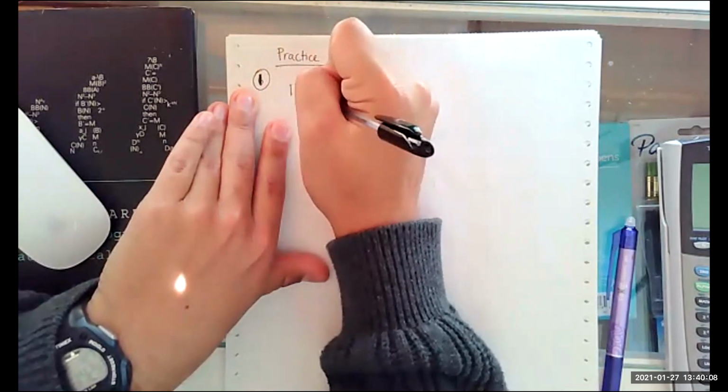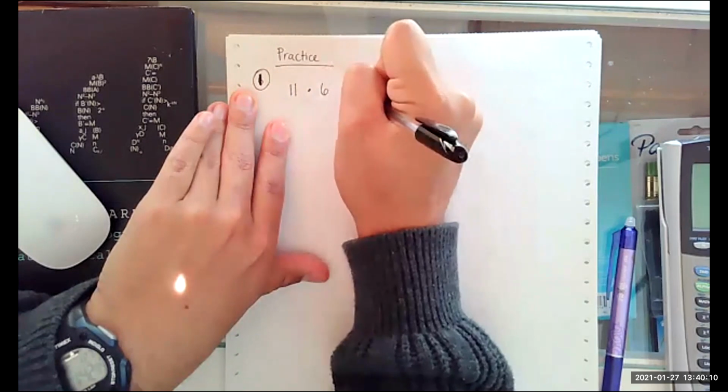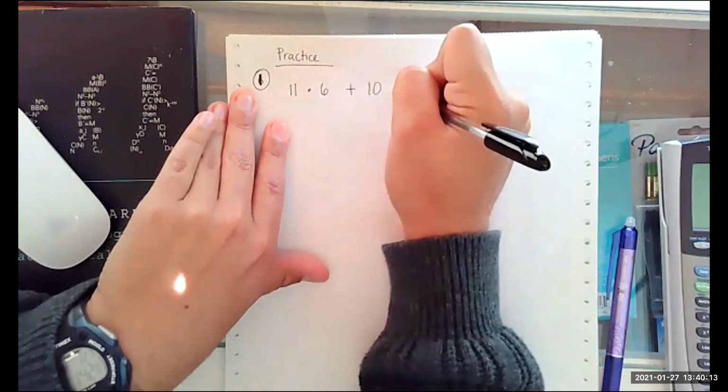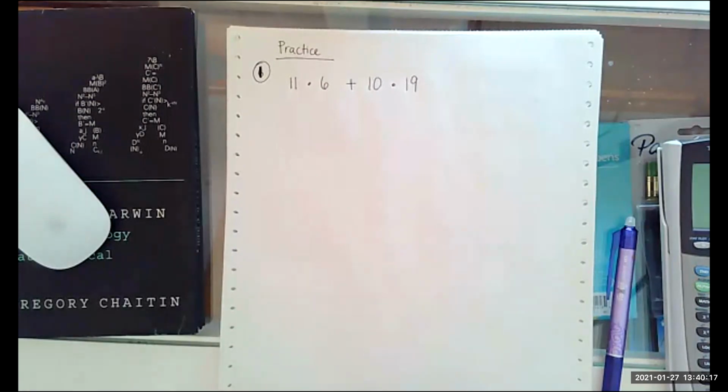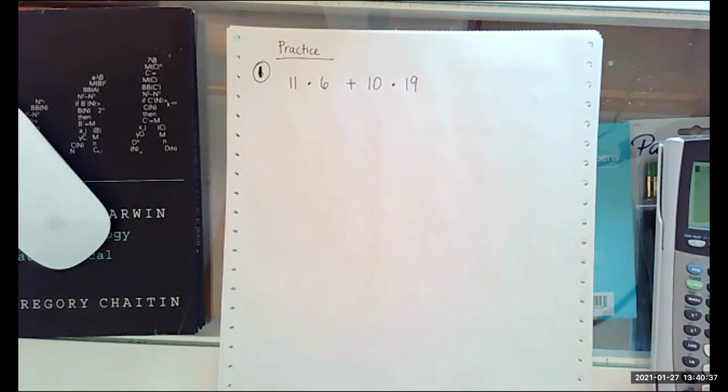Can anybody tell me what 11 times 6 plus 10 times 19 is? Now, you could probably throw this into the calculator, but I really want you to challenge yourself to do it without.